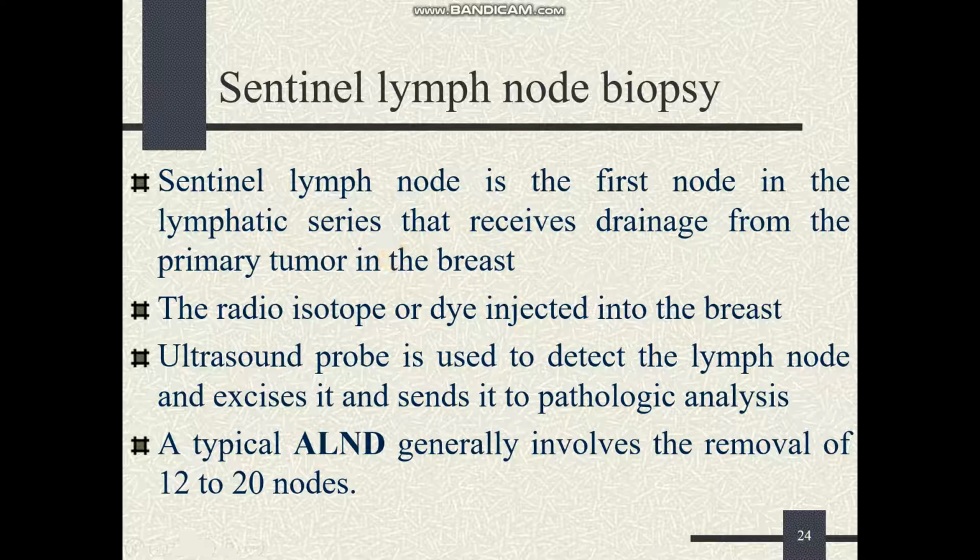This can be identified by injecting radioisotope or dye, and we can use an ultrasound probe and easily find the sentinel lymph node. A typical axillary lymph node dissection generally involves the removal of 12 to 20 nodes. Axillary lymph node dissection means 12 to 20 nodes are removed.